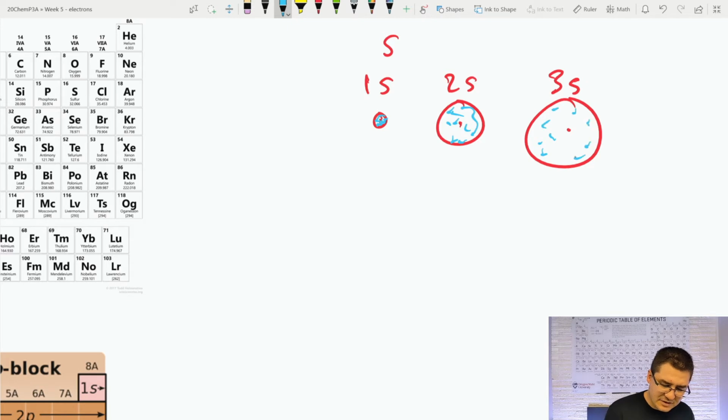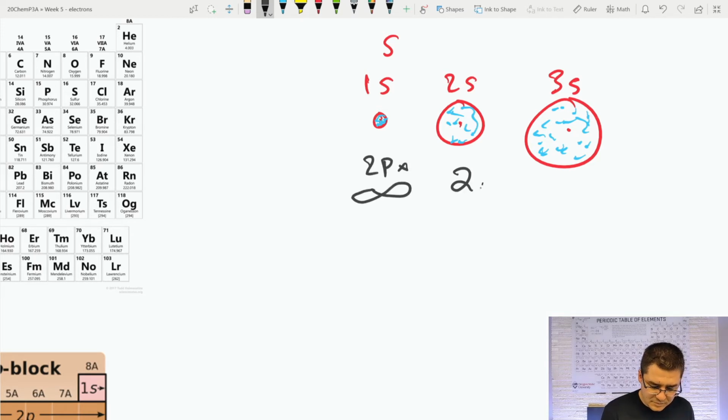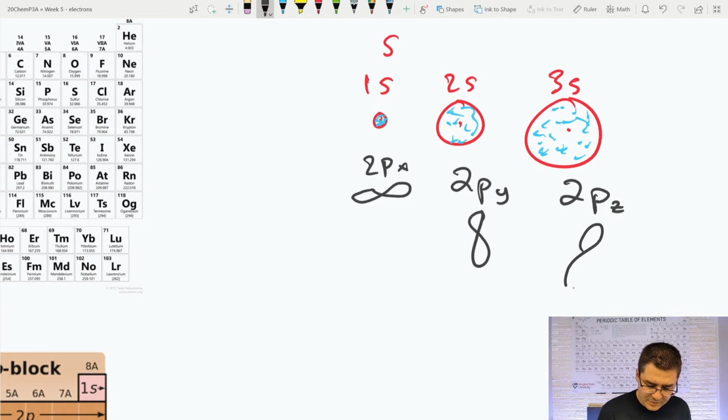I'm just drawing dots of places the electron could be. They exist in s orbitals, they exist in p orbitals. I'm sorry, my pen is acting a little funny, so it looks kind of sloppy.